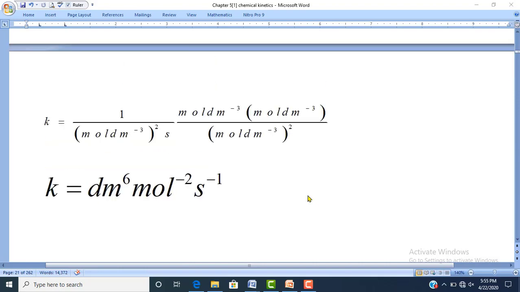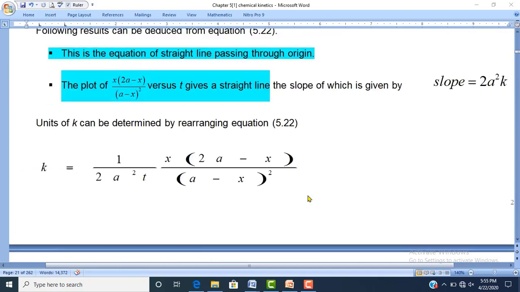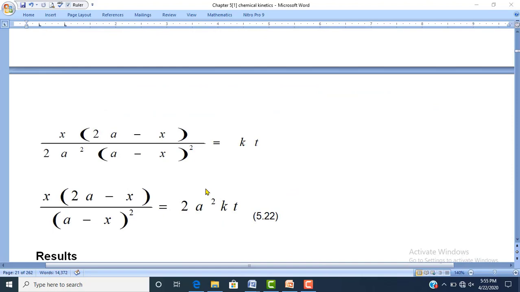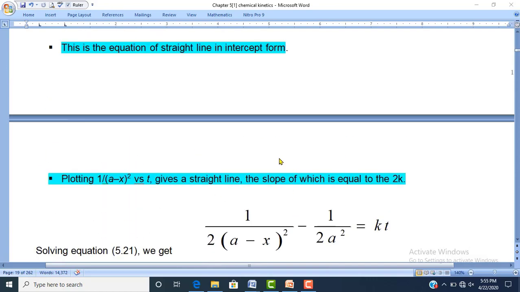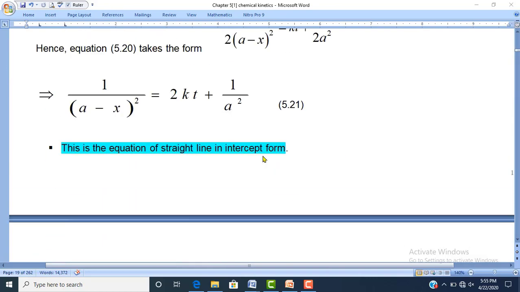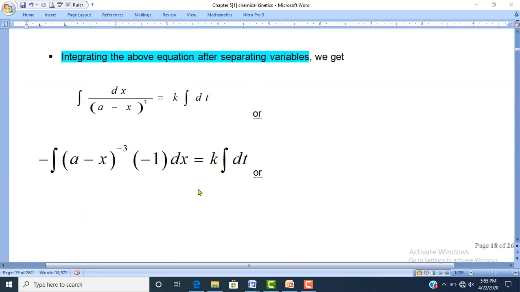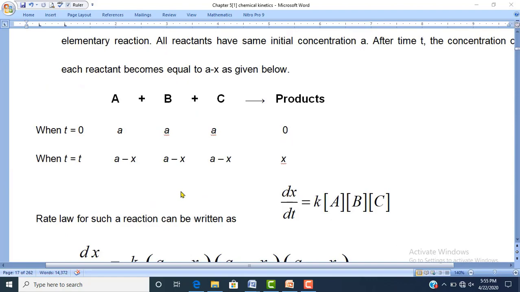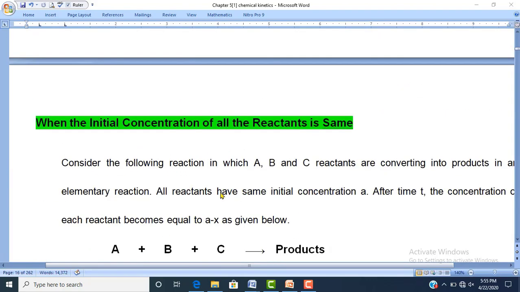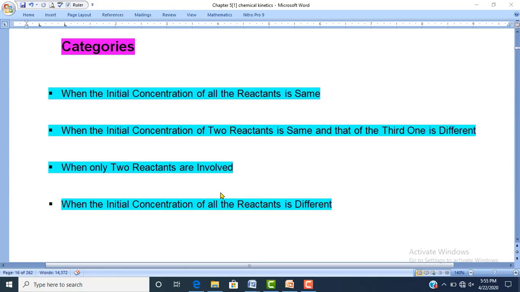Dear students, this was the rate constant determination, or the kinetics, of the third order reaction when the initial concentrations of all reactants are the same. So for a few minutes I will repeat the lecture so that you understand it again.